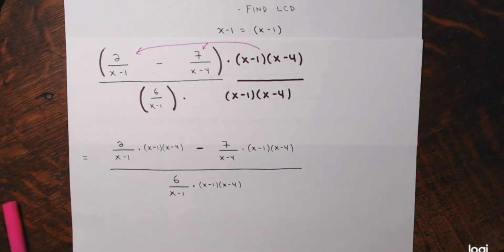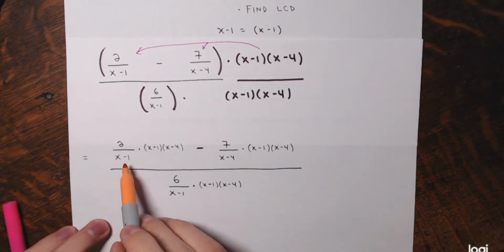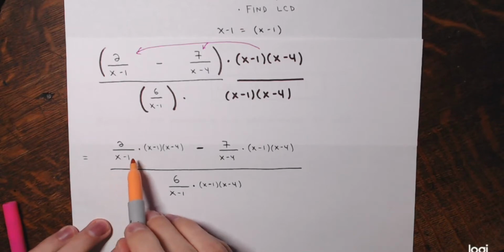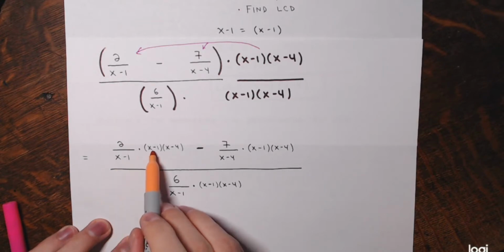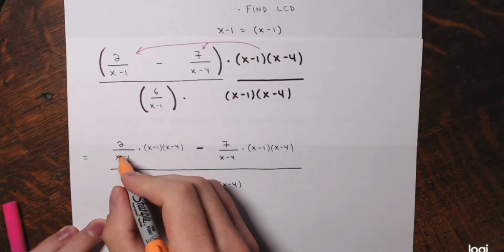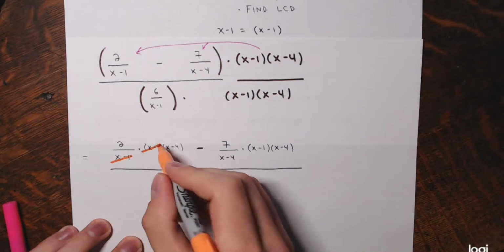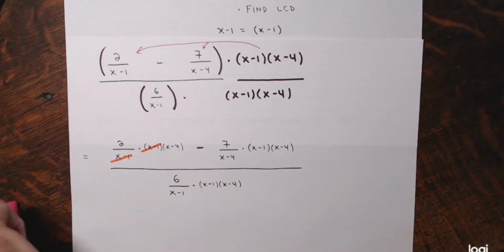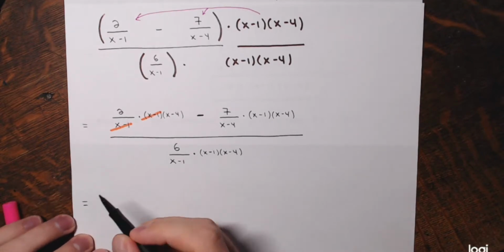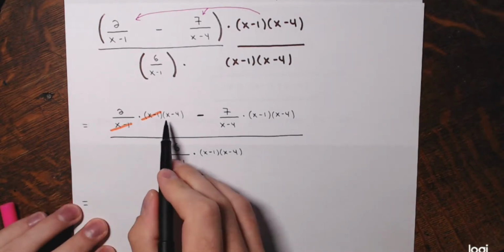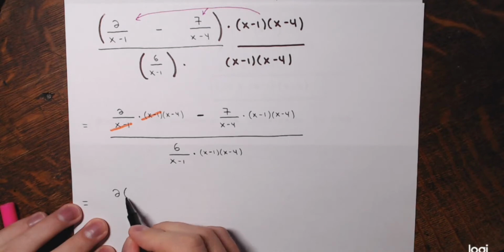Watch this. So up in the numerator, the first product here, see x minus 1 in the denominator of that fraction? There's a factor of x minus 1 in the LCD. Those cancel. All right, and I'm left with the following. For that first term, I have 2 times the quantity x minus 4.